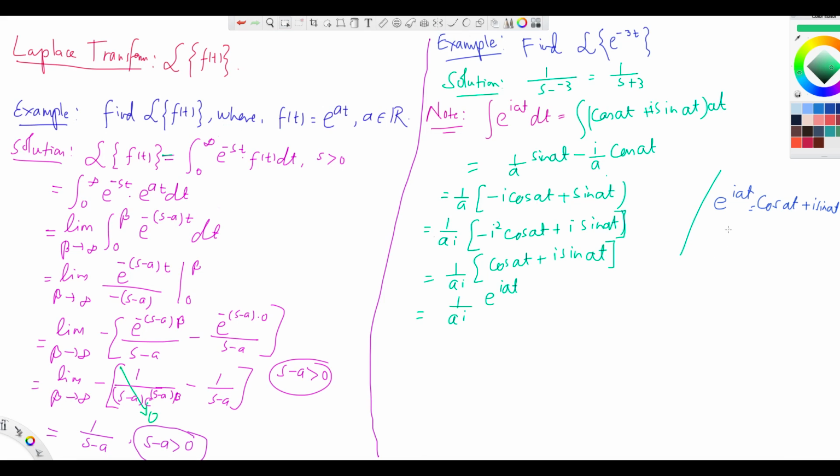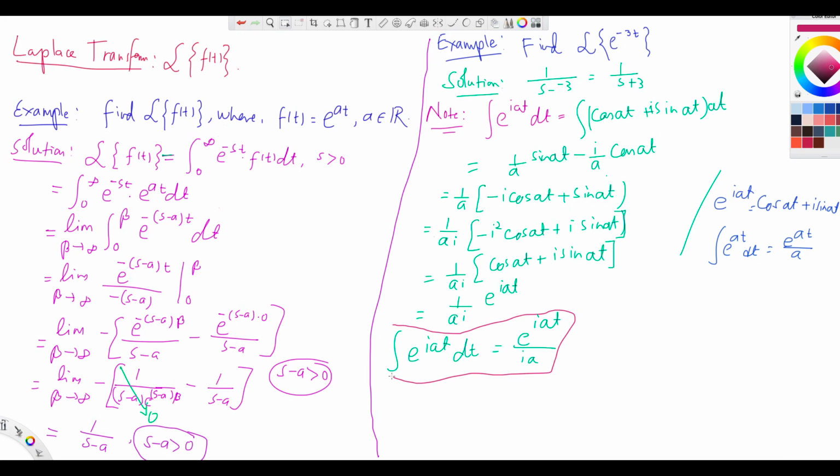Basically, the rule we were talking about, that the integral of e to the at dt is e to the at over a. Similarly, if you have the integral of e to the iat dt, it will be e to the iat over ia. So you can use this formula. It works the same way.